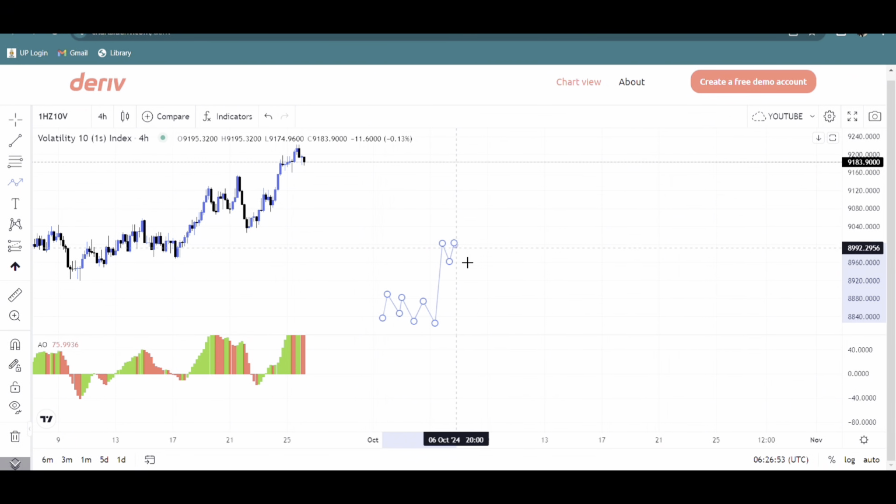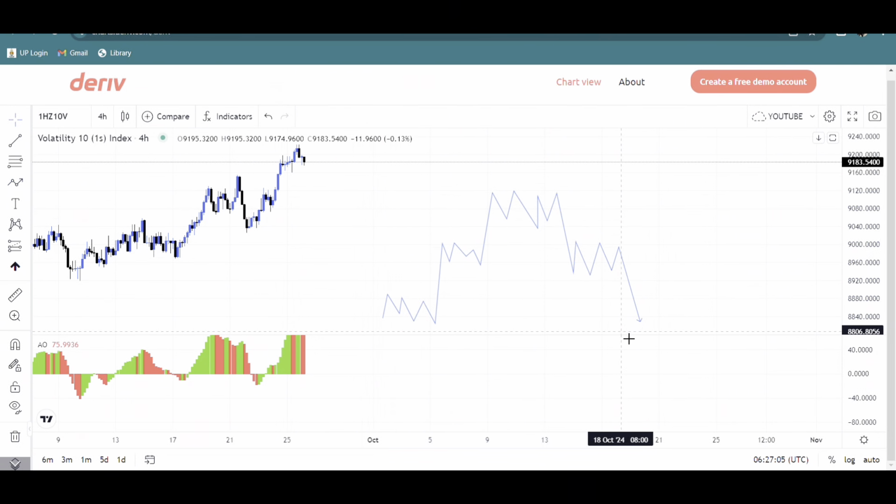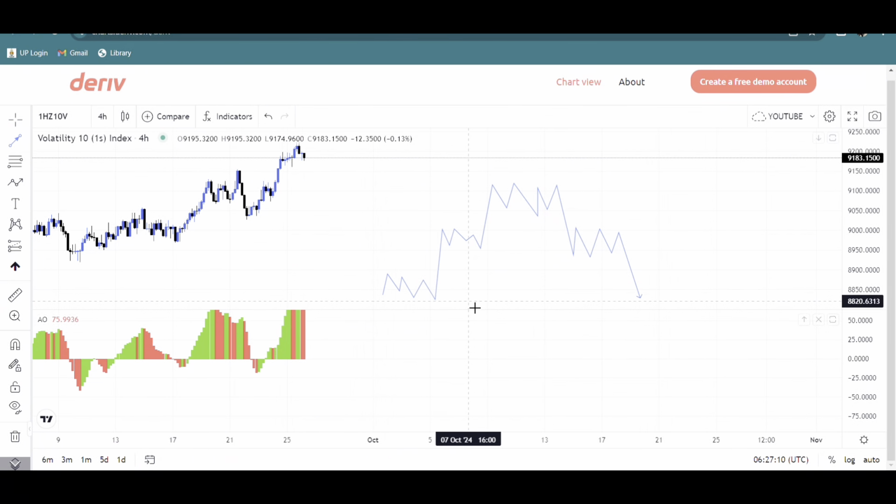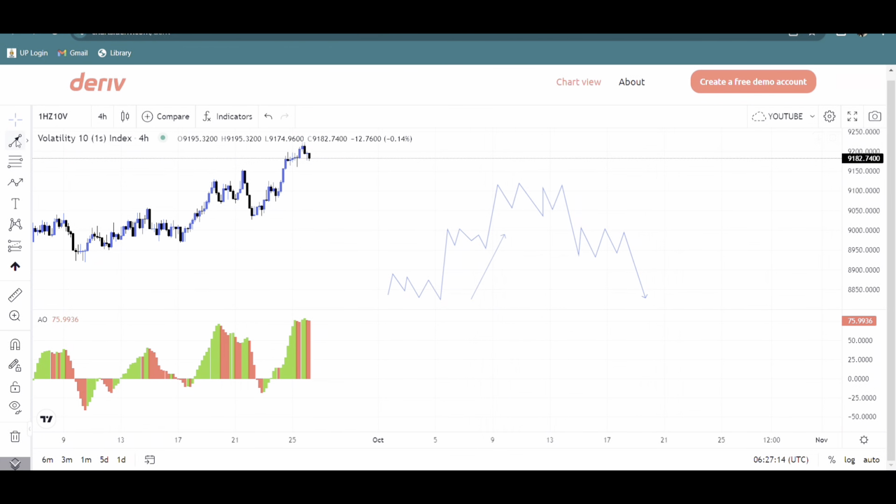You have a reaccumulation phase, the market goes up. You get to a distribution phase, the market goes down, and a redistribution phase, the market continues down. And remembering that this phase up here is called the mark up phase and this phase down here is called the mark down phase.